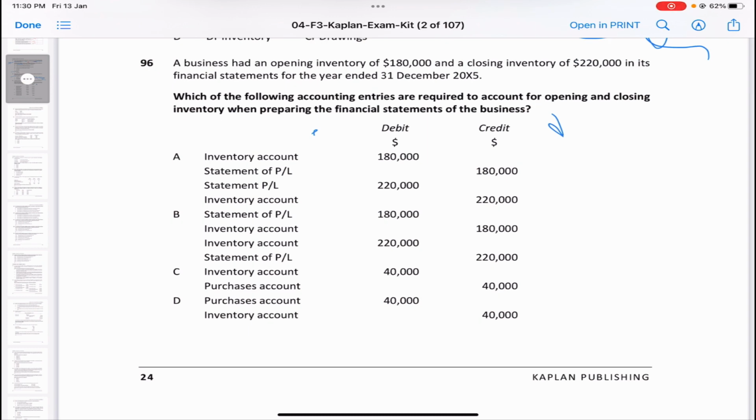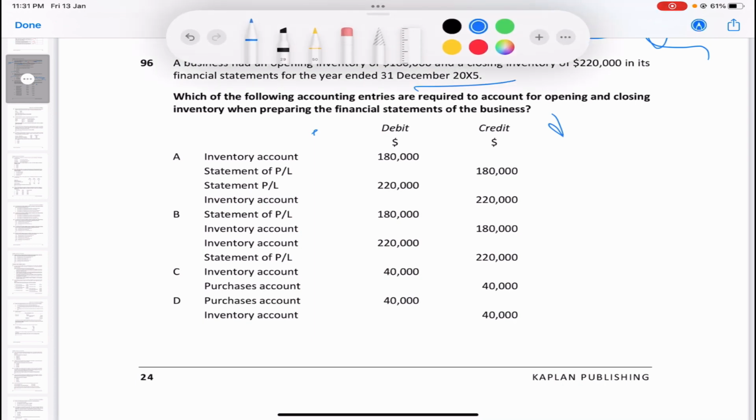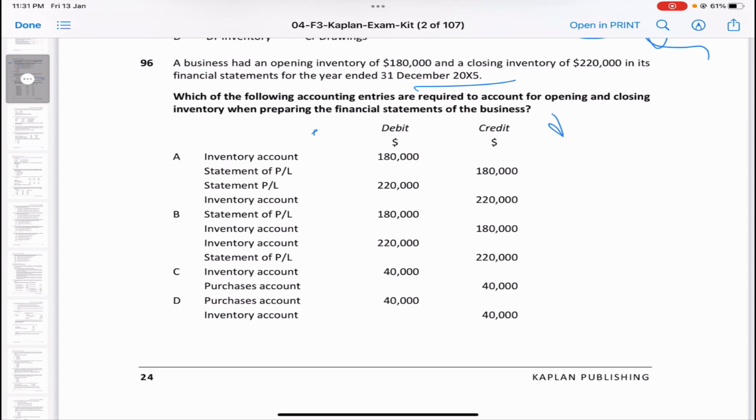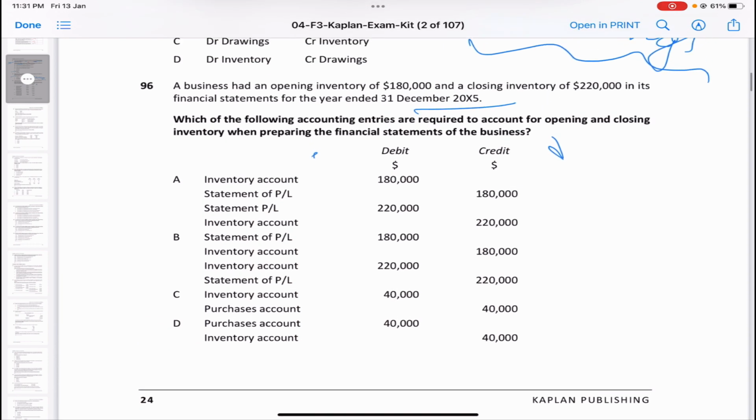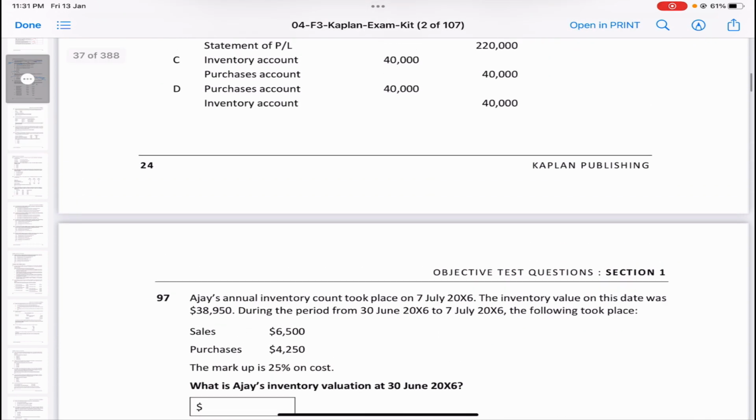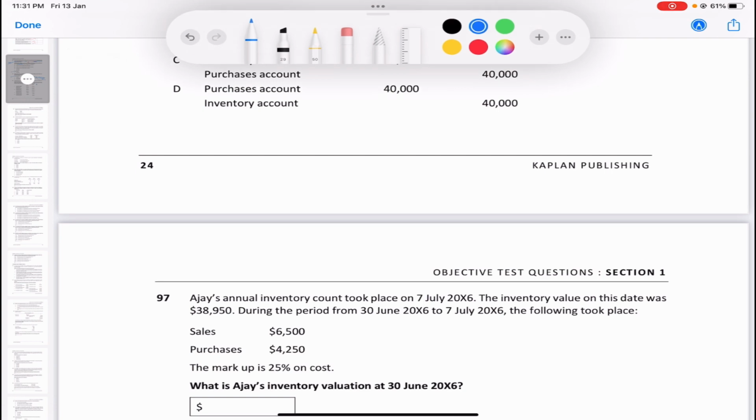A business had an opening inventory of 180,000 and a closing inventory of 220,000 in its financial statements ending 2005. Which of the following entries are required for opening and closing inventory? Okay. So we have to tell them about the opening and the closing inventory. What was the journal entry? We have discussed this in the previous video as well.